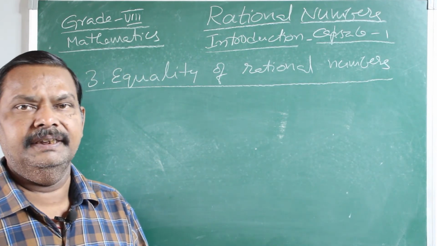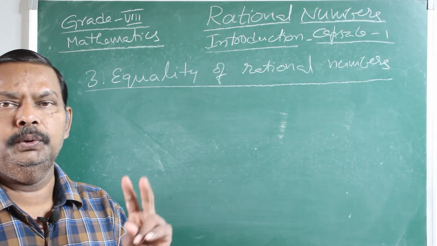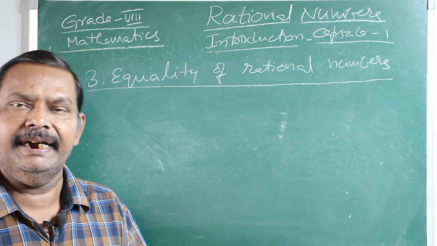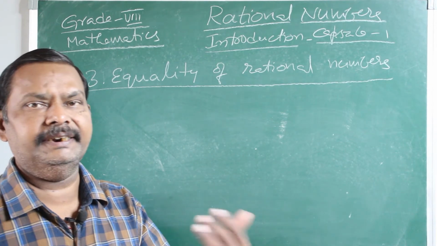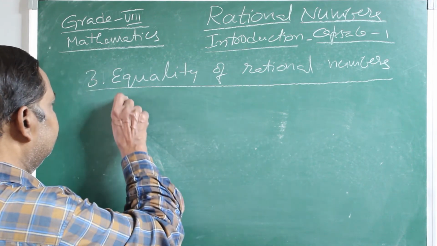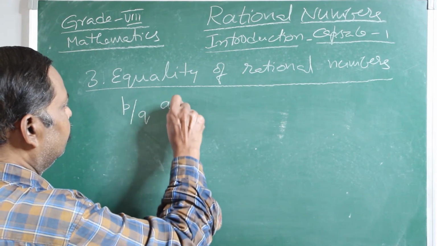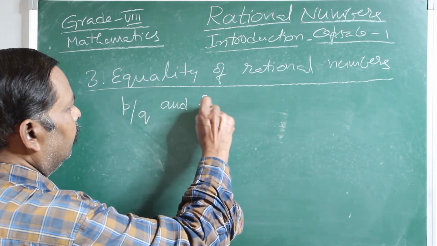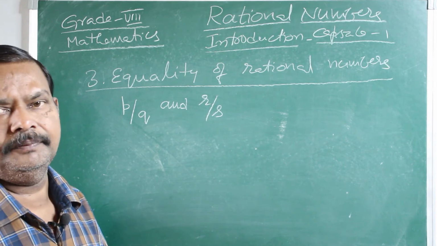Now the topic is equality of rational numbers. When do you say two rational numbers are equal? Let us discuss now. First of all, P by Q is a rational number, and R by S is another rational number.